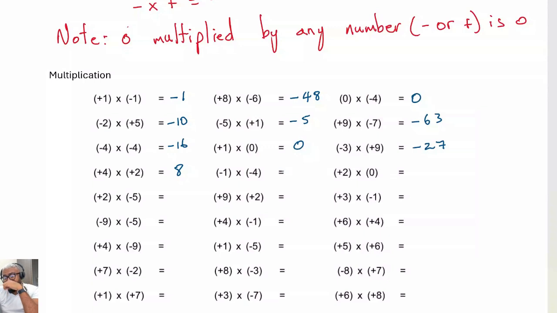Check and make sure, Francis. A negative number multiplied by a negative number is a negative. Francis, what's that? +4, sir. Right, very good.